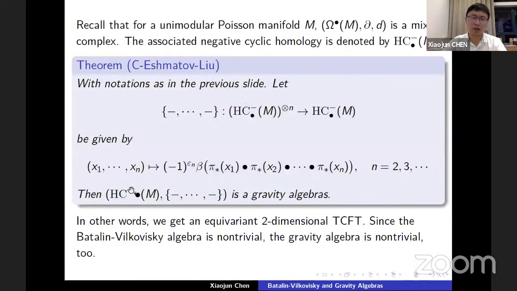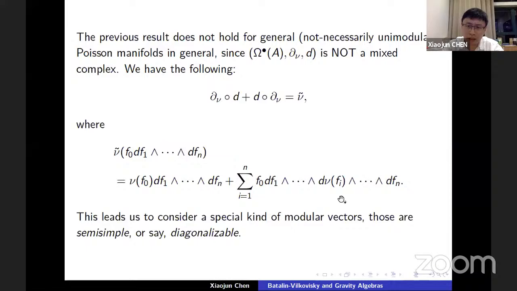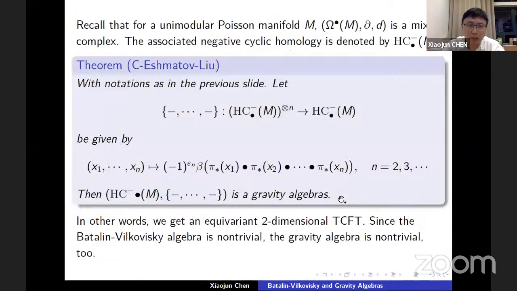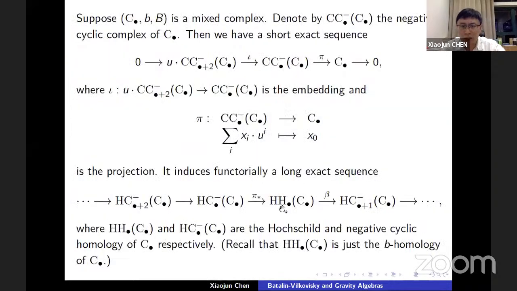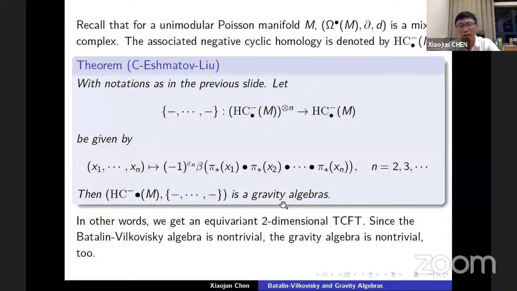And then it's extremely easy. Just using the definition, we see that this is a gravity algebra. With a bracket defined like this, it gives a gravity algebra. Here we used the product on this space, which is the BV algebra.